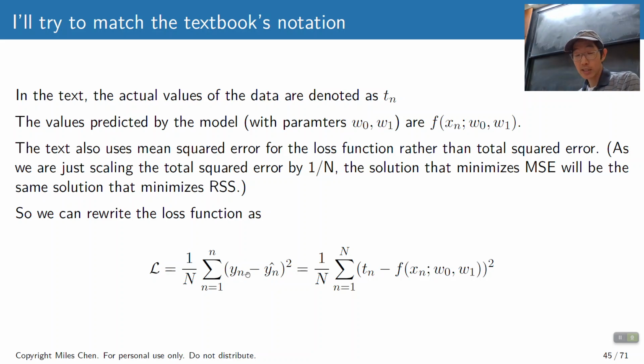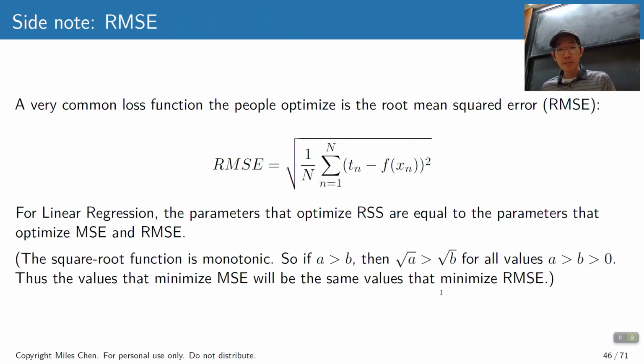In textbook notation, it's 1 over n times the sum of our target value minus our predicted value, which is f applied to observation xn with our current parameters w0 and w1 for a linear regression model. In a more complicated model, there might be more parameters in there. We take that difference and we square it.